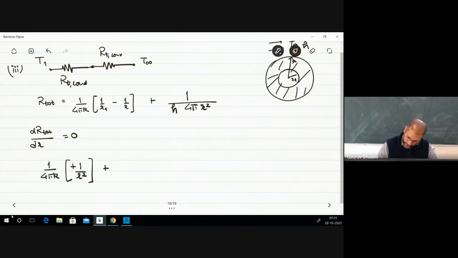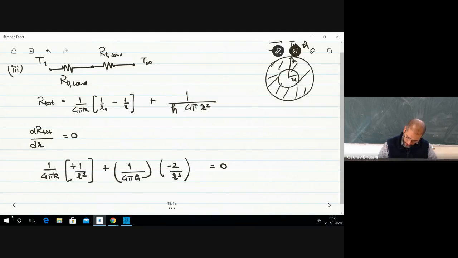Okay, and then on the second term you have 1 upon 4 pi h, and then you have 1 by r squared, so r to the minus 2, so this becomes a minus 2 upon r cube, and this has to be 0.